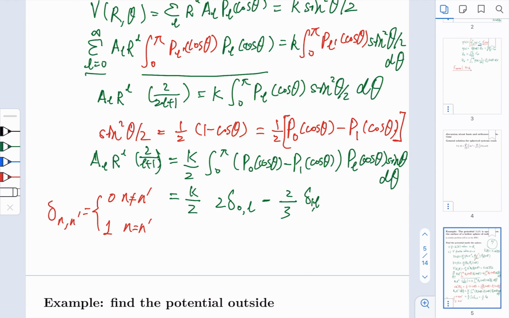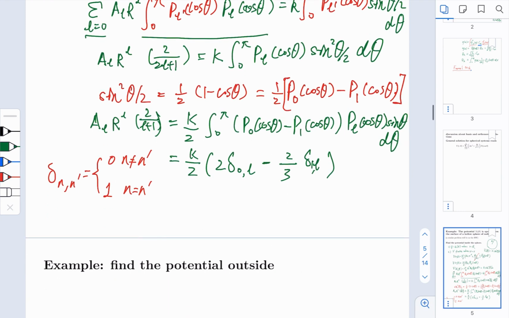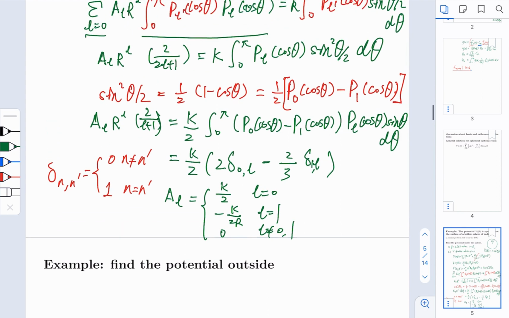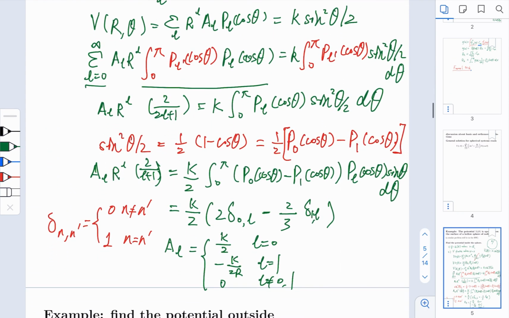Let me see, this integral is not over here. Okay, then this means that this AL is actually k/2 when L equals 0, and k/2R when L is 1, and 0 for other L. And now we can simply add all this AL and obtain our final solution.